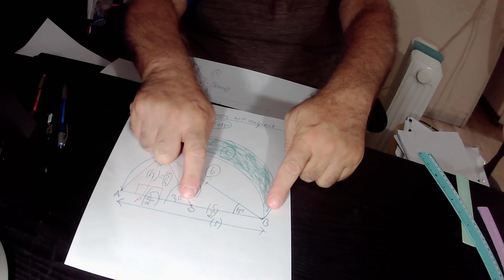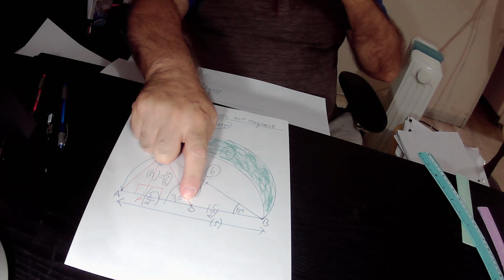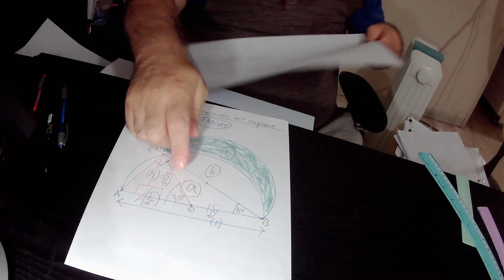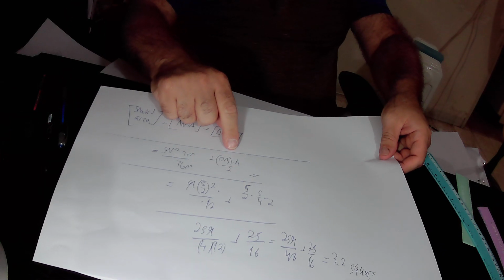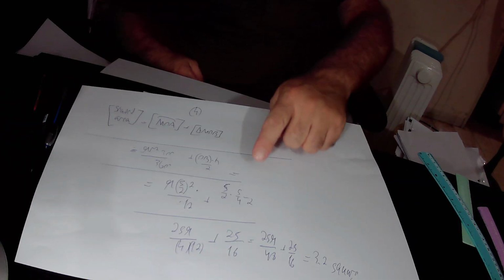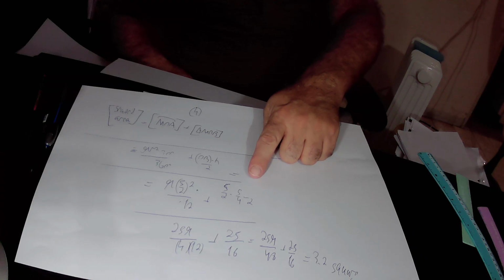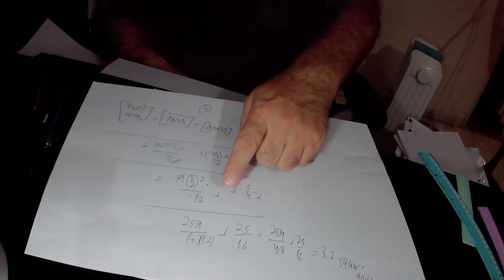OB is the radius of this semicircle, that is 5 halves. So OB equals 5 halves times H, and we found that H equals 5 quarters, divided by 2. So we have 5 over 2 squared, that is 5 squared, 25, over 2 squared, that is 4.